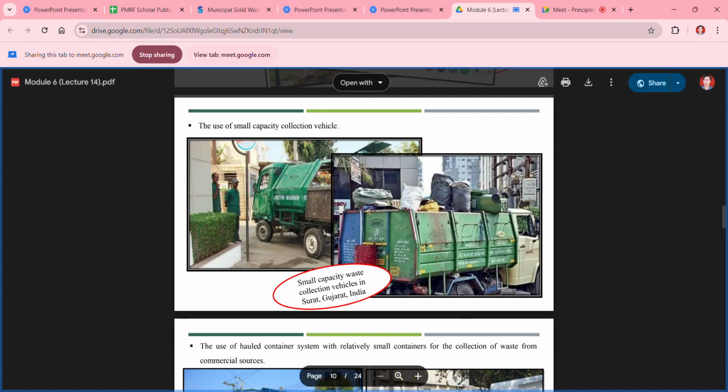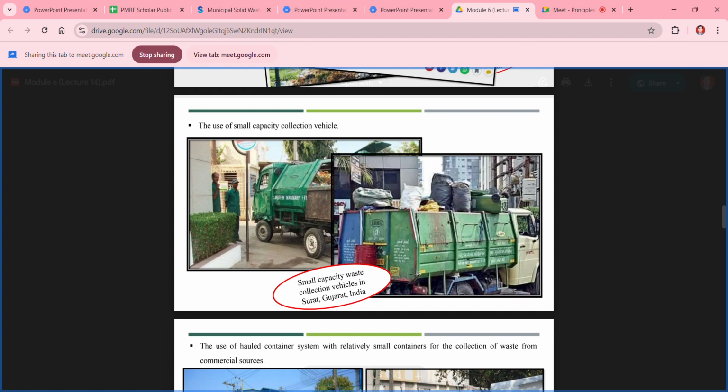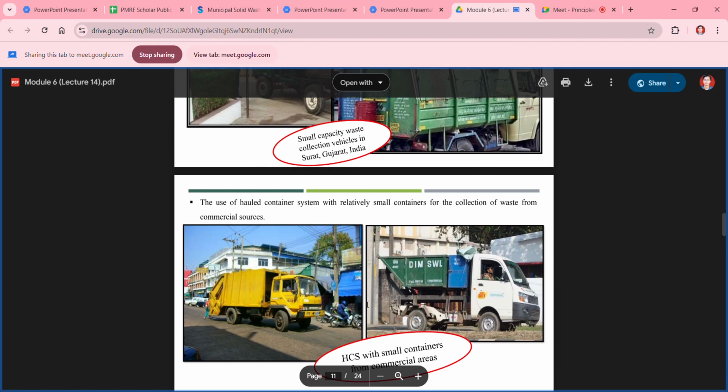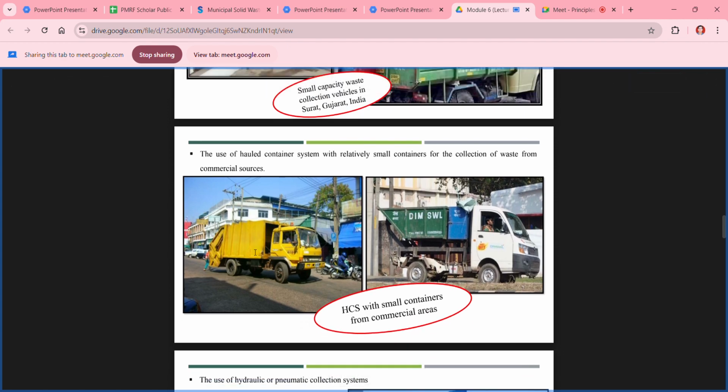These are small-capacity trucks. Then these are the trucks used in hauled container systems, which pick the waste from that hauled site or stationary site and put it into the transfer station.